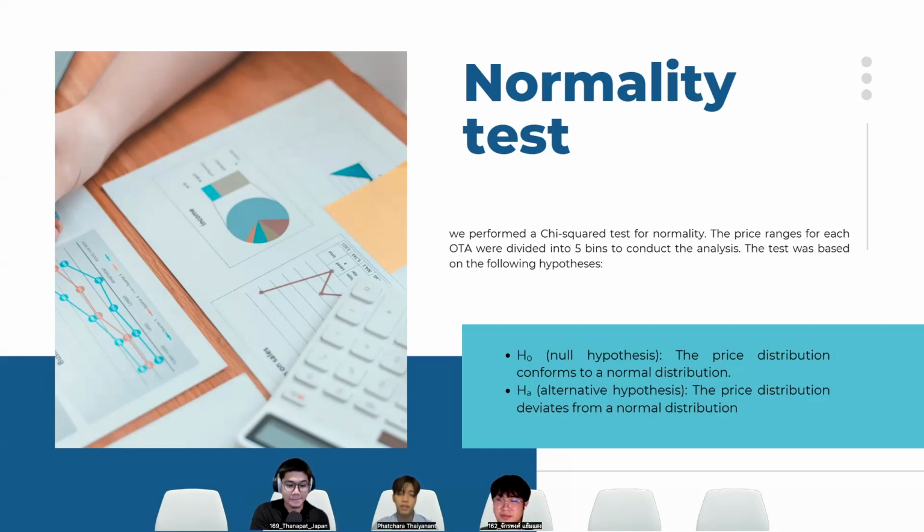The price range for each OTA was divided into 5 bins to conduct the analysis. The test was based on the following hypotheses. The null hypothesis is that the price distribution conforms to a normal distribution. The alternative hypothesis is that the price distribution is not derived from a normal distribution.